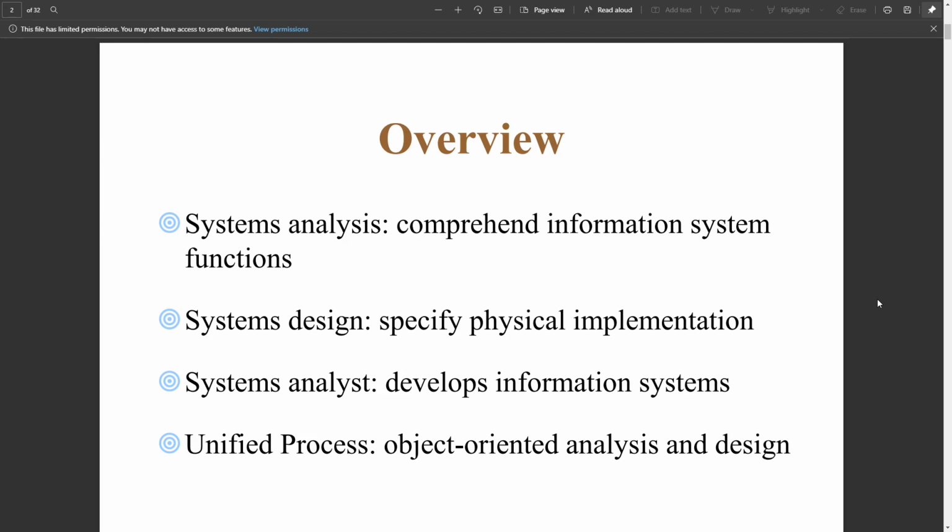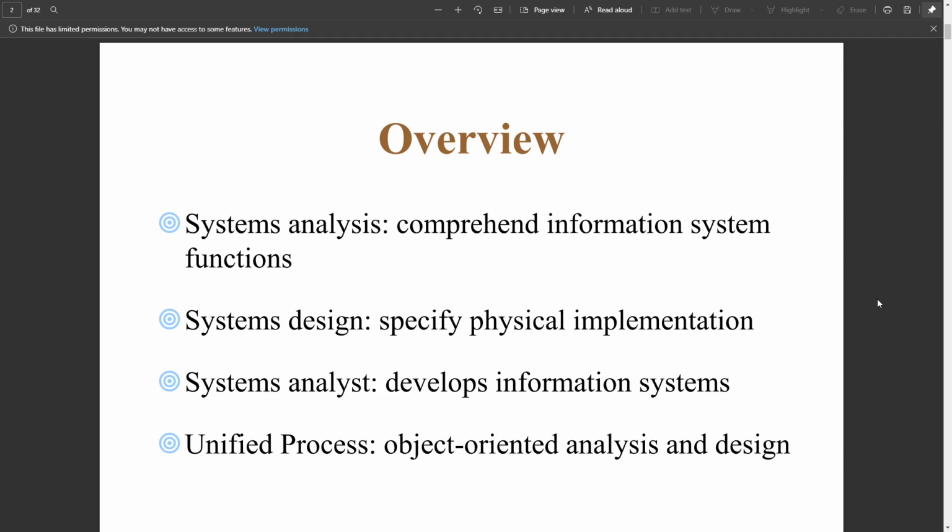Now you have made some analysis, then there's systems design. So we specify physical implementation to this. How do we translate this current process into what we can design for the software?